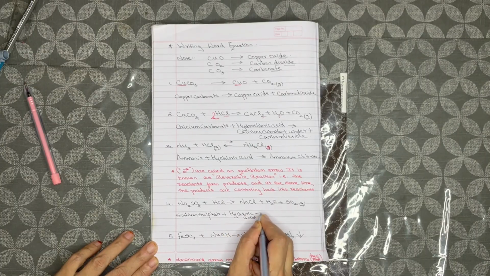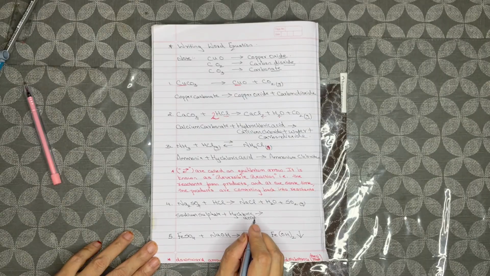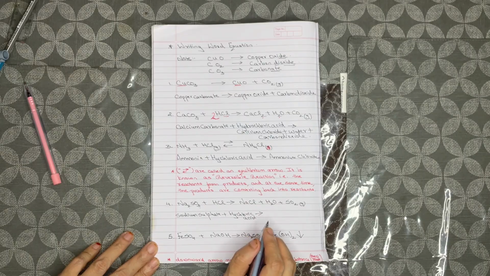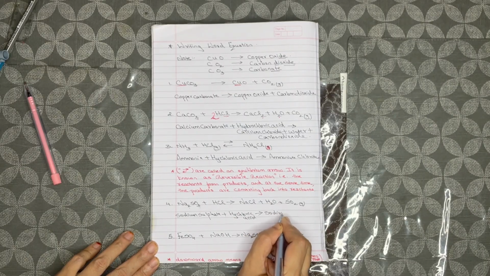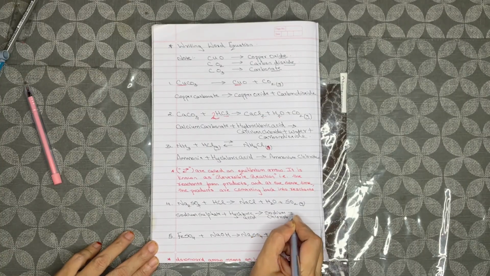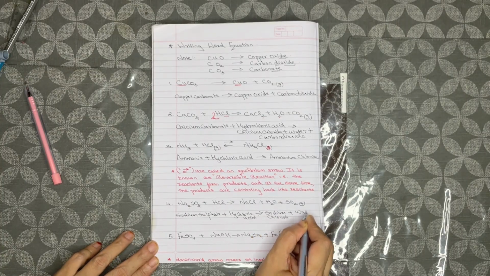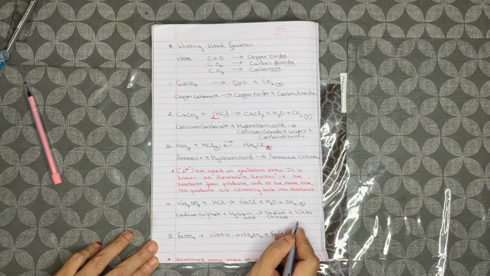Now what does this give? Product क्या होता है? NaCl, मतलब sodium chloride. H2O is water, hydrogen plus oxygen together is water, plus SO2.